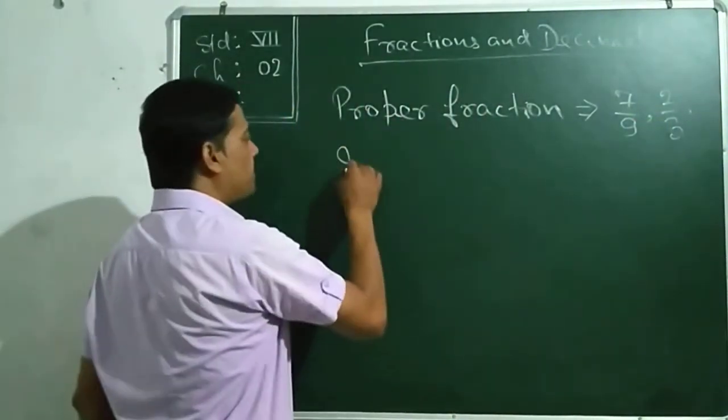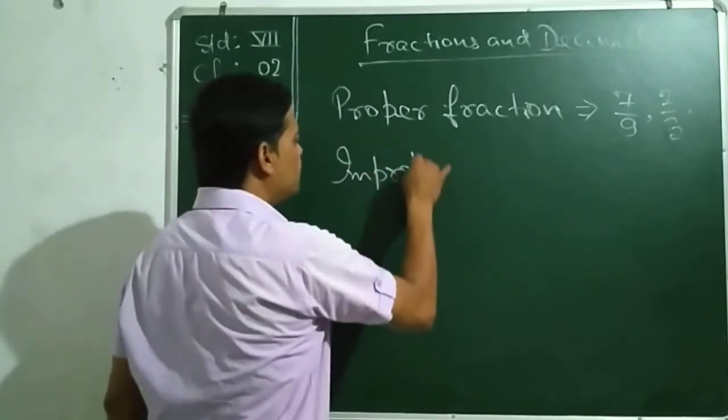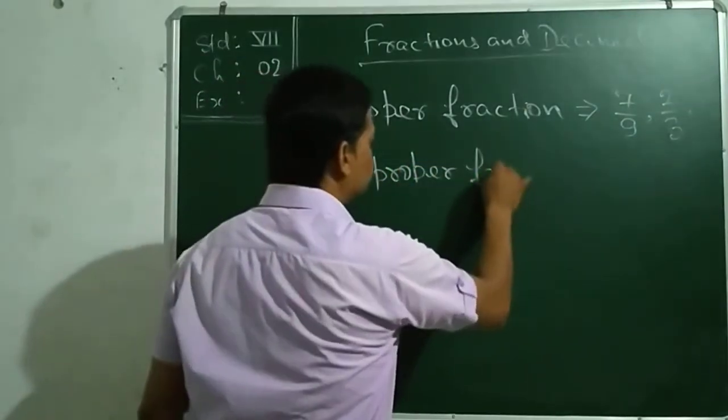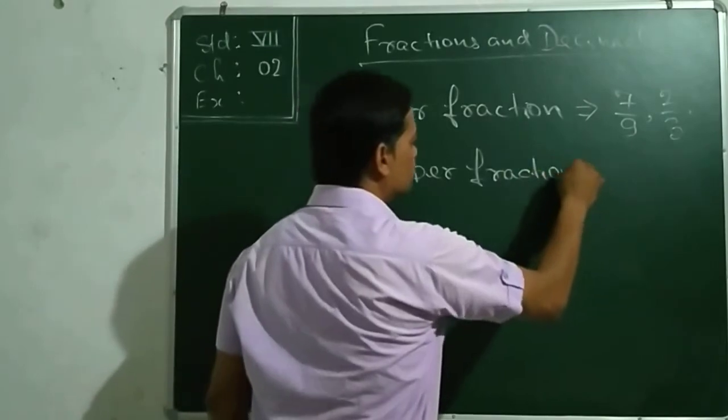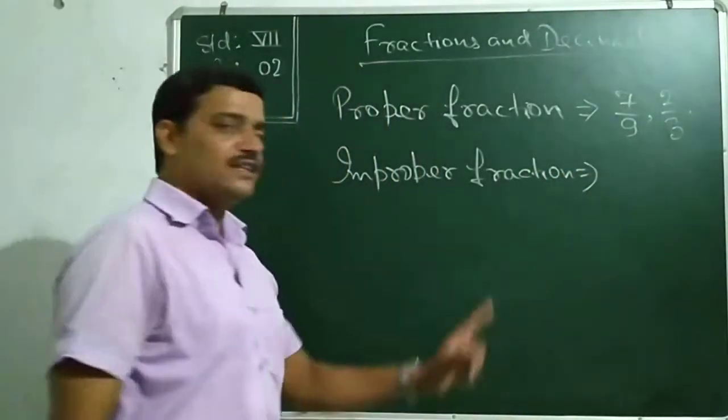Come to the improper fraction. The second type is improper fraction. One second.